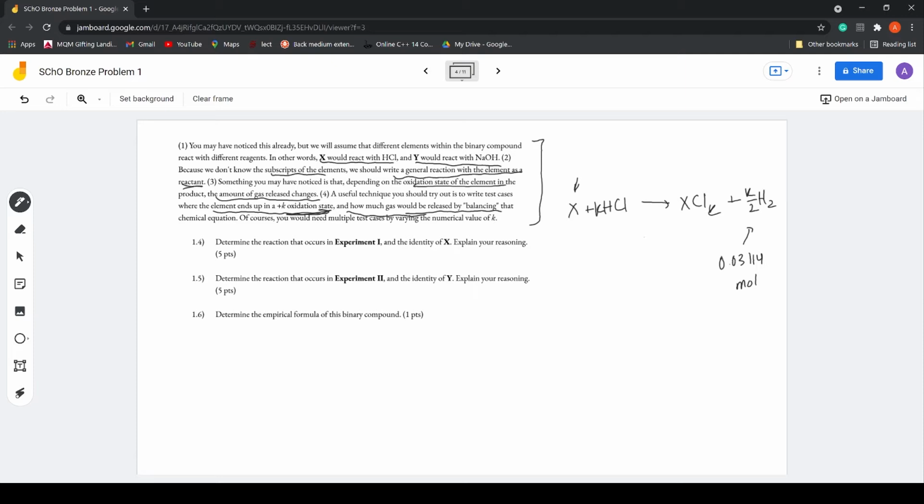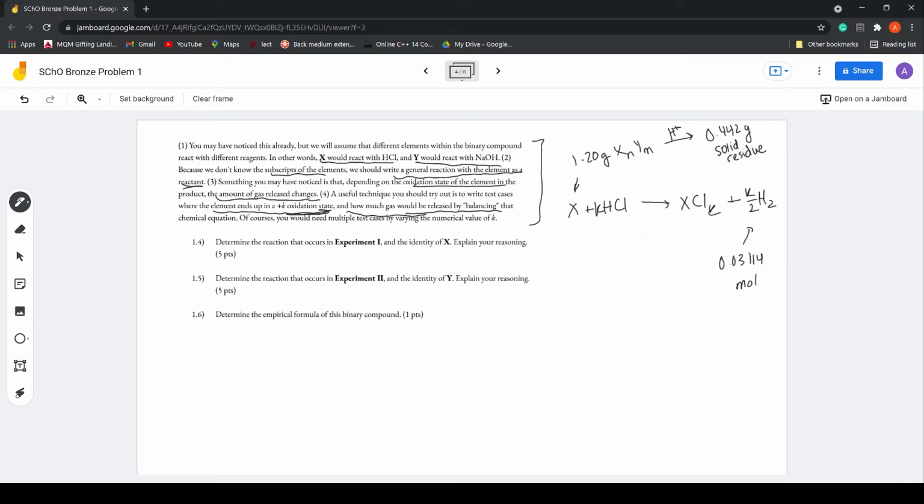Okay, how do we know what the mass of X was? If you remember, we said 1.2 grams of our compound, XNYM, reacted with acid, and it formed 0.442 grams, this is all in the previous part, of our solid residue.